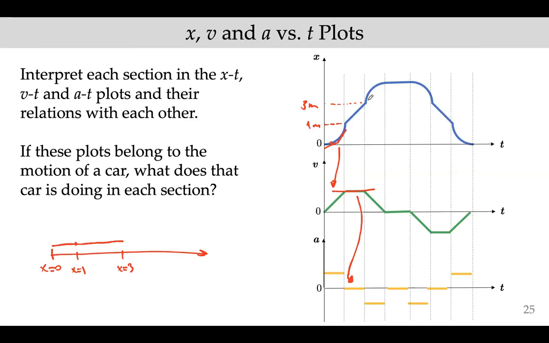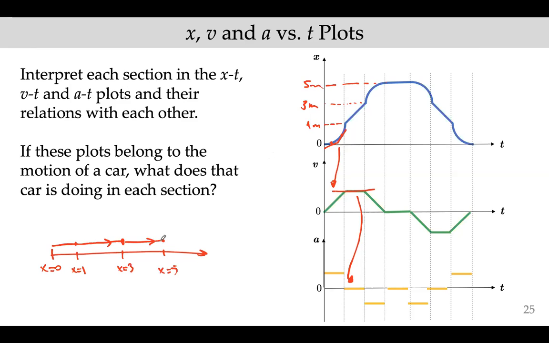Okay, and what about here? Here, the object or the car goes from 3 meters, let's say, to 5 meters. Now it's going to go from here to here. And you can look at here, it's going to stop here and then not move as time passes. The position doesn't change. That means it's going to stop for some time, right?